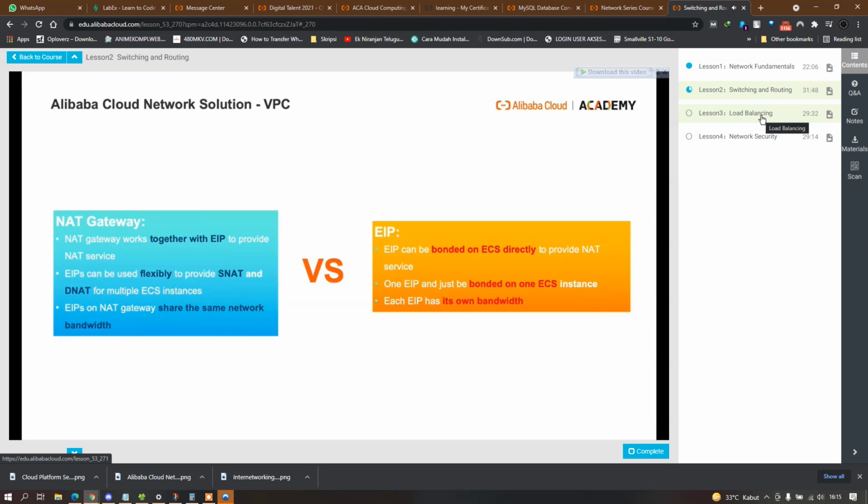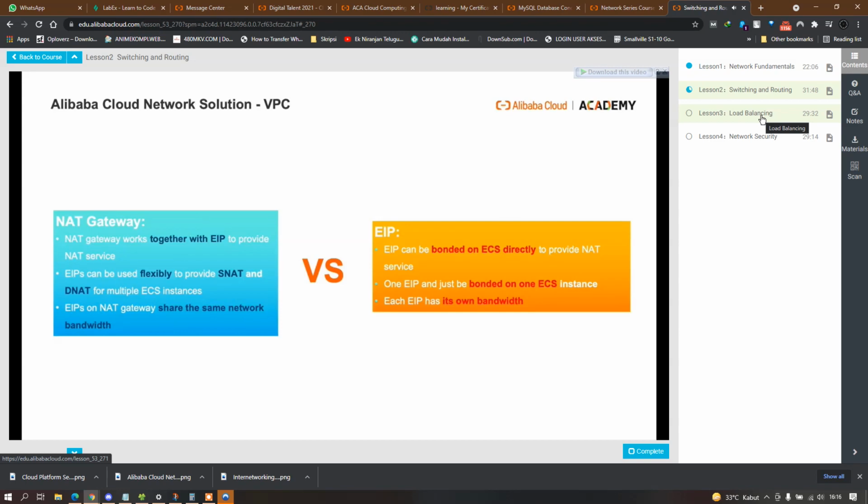The second point is that the NAT gateway can be used flexibly to provide SNAT and DNAT for multiple ECS instances. But for the EIP, only one EIP can be bound to one ECS instance. This is not as flexible as the NAT gateway.